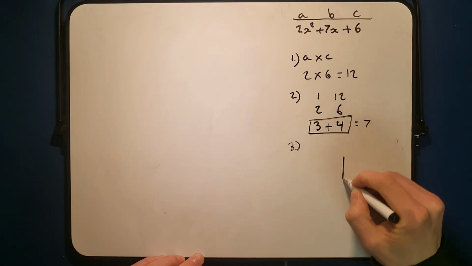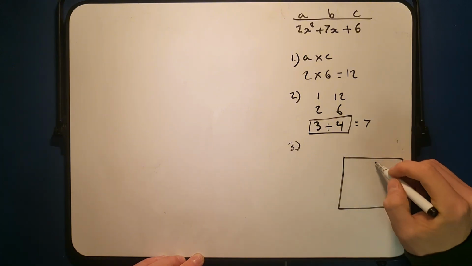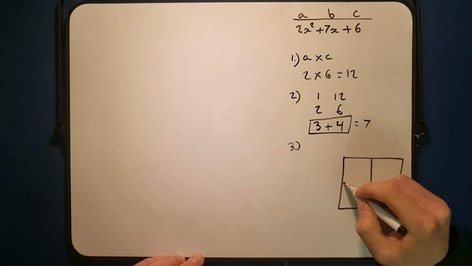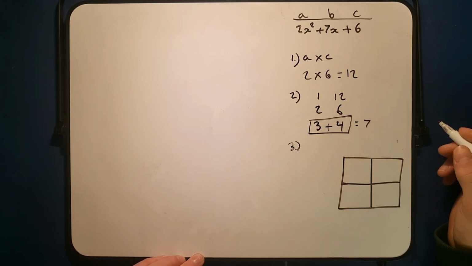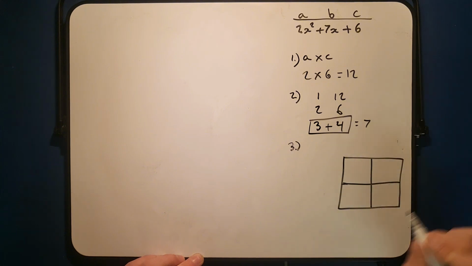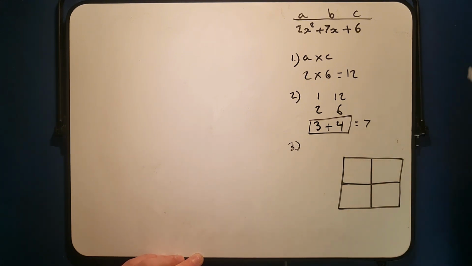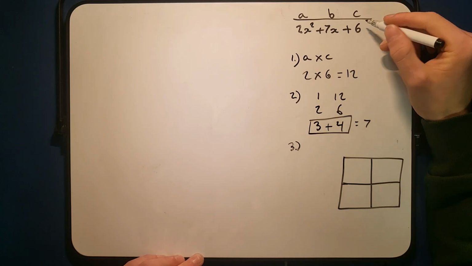There is a method where you draw a square as such, and we divide it in 4 equal parts. Okay. Now, this is the only difficult part, to remember where each number goes. In the bottom right corner, we are going to write out the constant from our original quadratic.